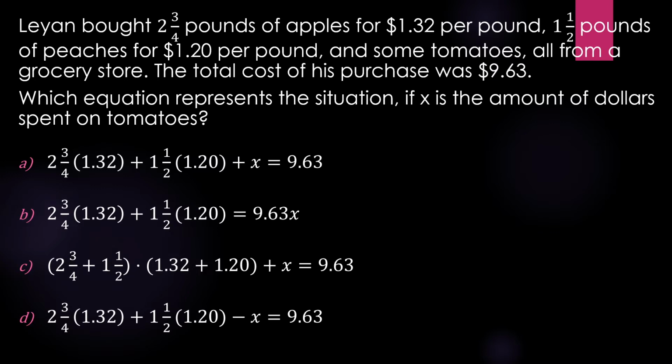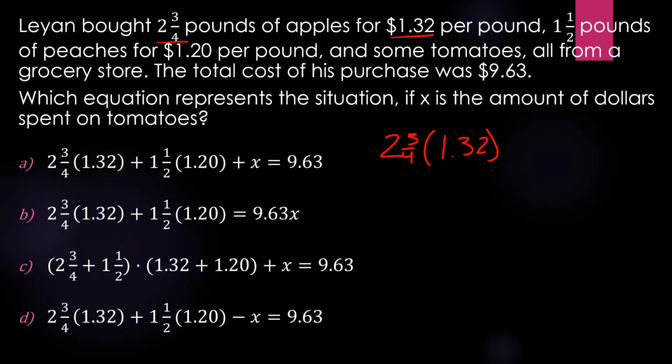Okay, so I know how many pounds of apples he bought for $1.32 per pound, right? He bought 2 3/4 pounds of apples for $1.32 per pound. So I'm multiplying here because he is buying 2 3/4 pounds of apples, and I know how much he paid, right? So say I were to buy 10 pounds of apples, and each pound of apples was $2.